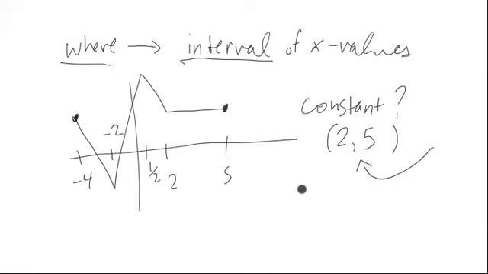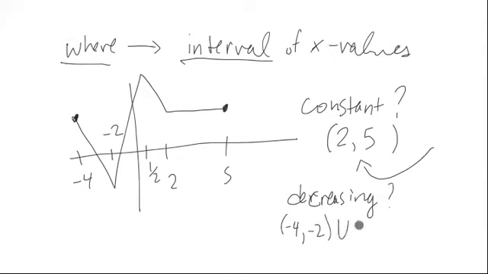Now, where is this function decreasing? We're also going to give that in interval notation, and it's going to be x values. There's two locations. Right here from -4 to -2. Don't include the y because remember, the y's depend on the x. So we go from -4 all the way to -2. And we also have another place.